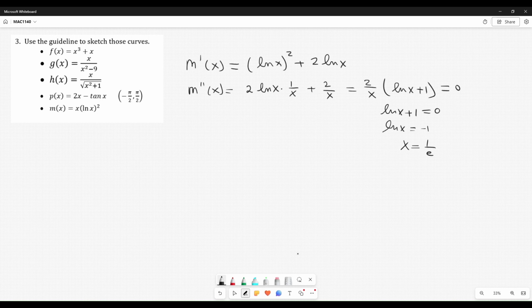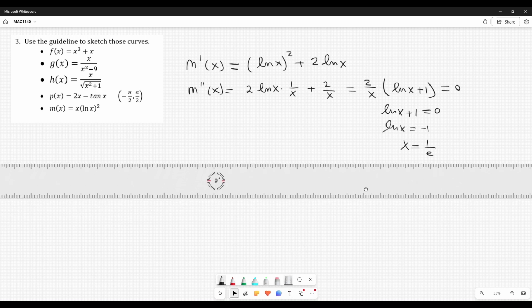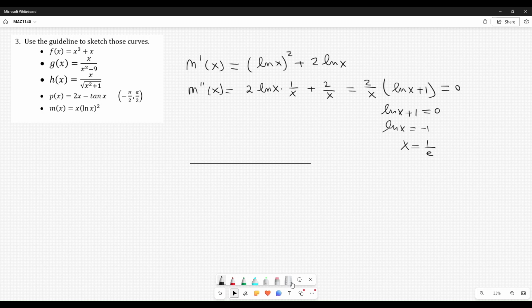Let me try. I apply now the second derivative test. This is 1 over e. By the way, it is 0.36 in decimal. Pick one value before and after, 0.1 maybe, and this is 0.5.